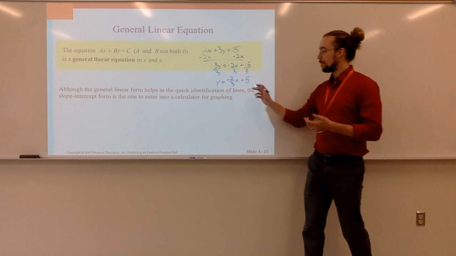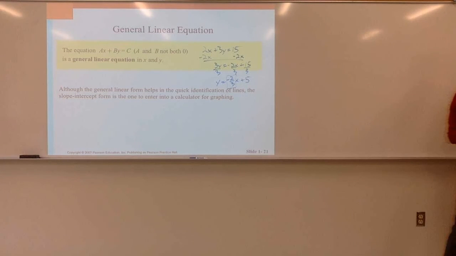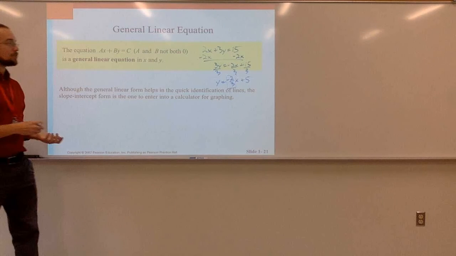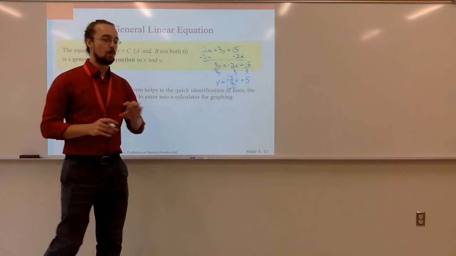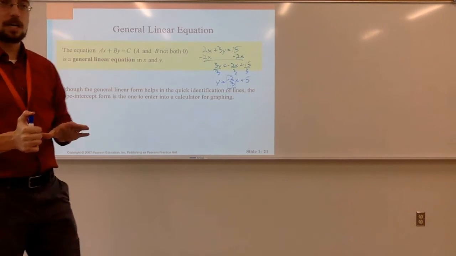So then the slope of this line would be negative 2/3. So whenever we're given the general form of a line, if we're asked questions like the slope or the y-intercept, we would need to get y by itself. We would need to solve for y. Questions on that idea?